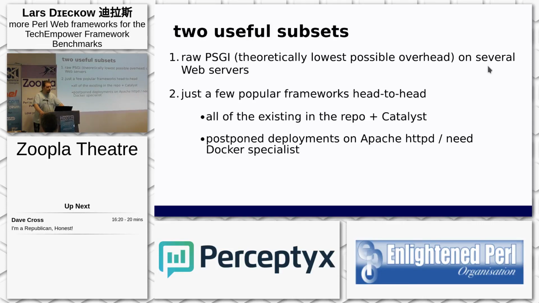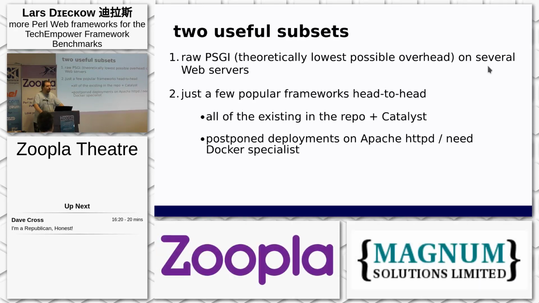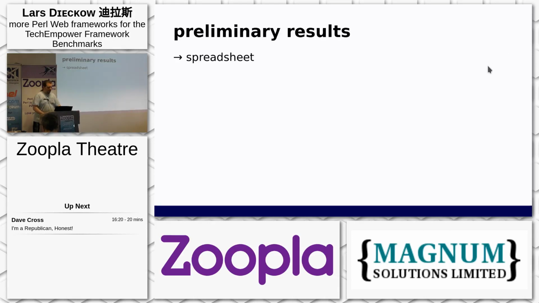And I had to postpone deployments on Apache HTTPD because I require a Docker image that is derived from Perl 5.28, because you have to first compile Perl, then compile the web server with the Perl installation, right? So, and these are the results.